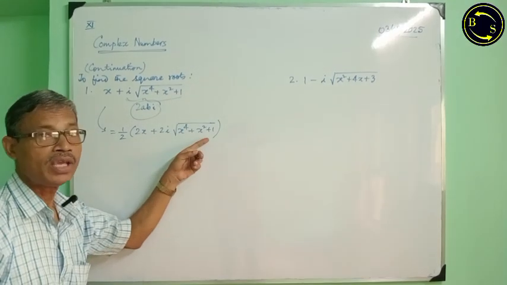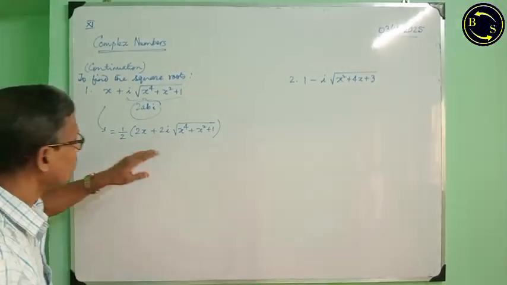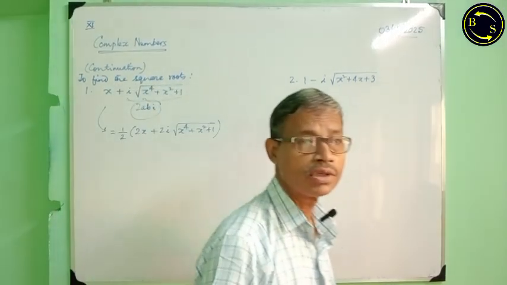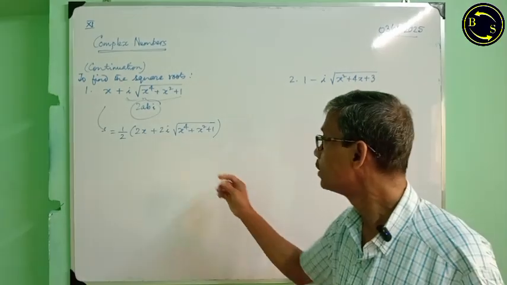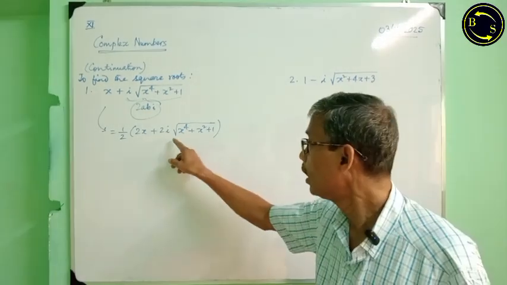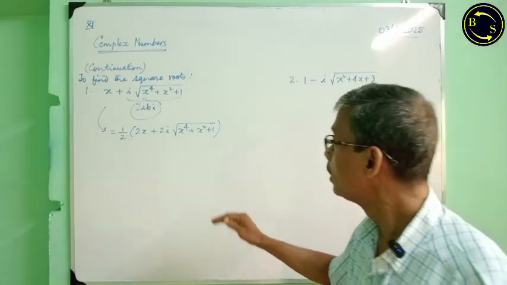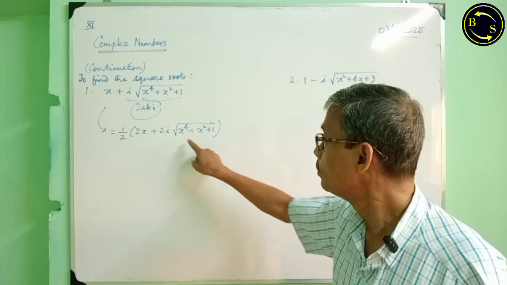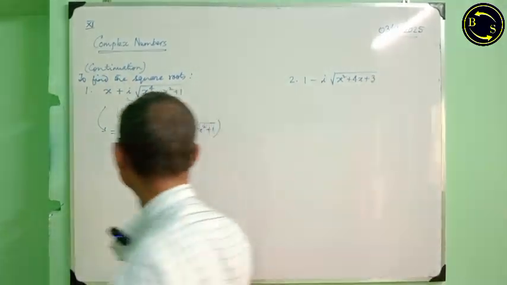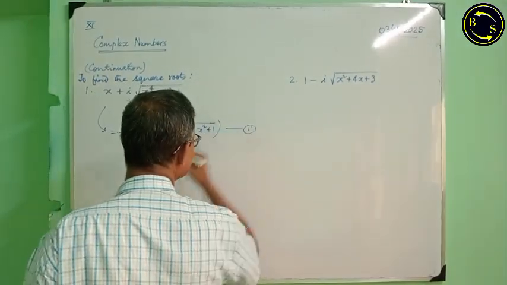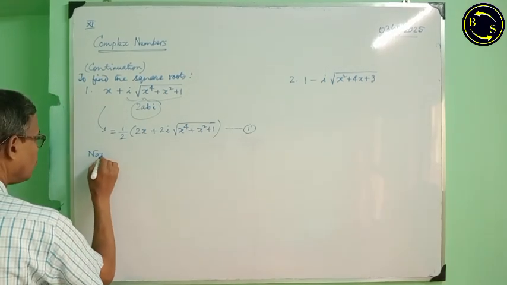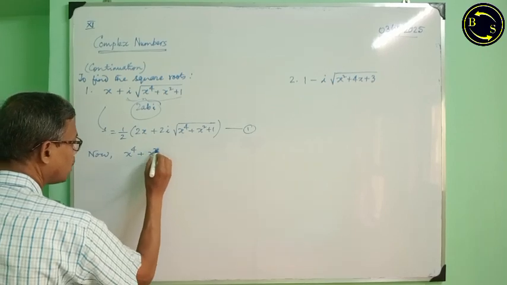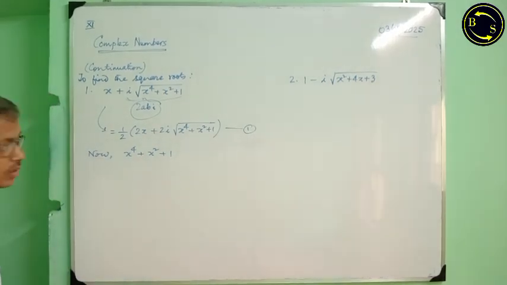Now I have got 2ab i form, and this real part will be difference of the squares of two factors of this one, i into this one. For that I need two factors. I first resolve into factors this expression under square root symbol. I first call this 1. Now x to the power 4 plus x square plus 1.